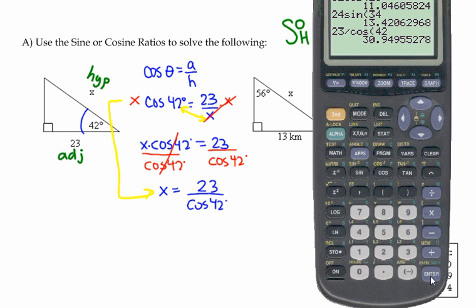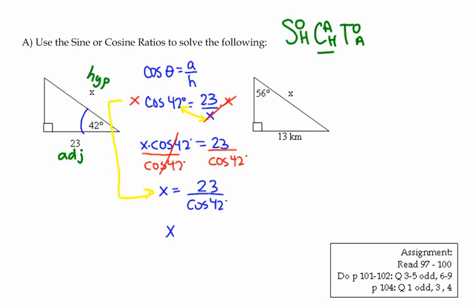No. Only round once, never double dip. So 30.9, and there's no units. 30.9.